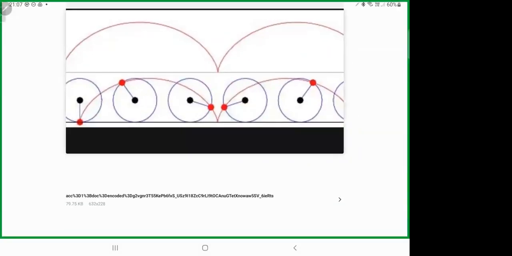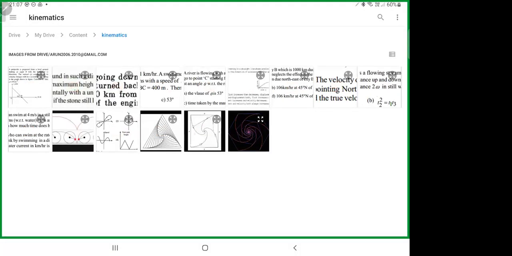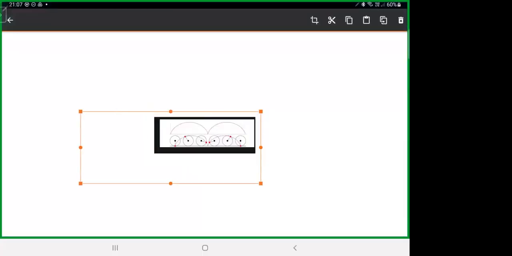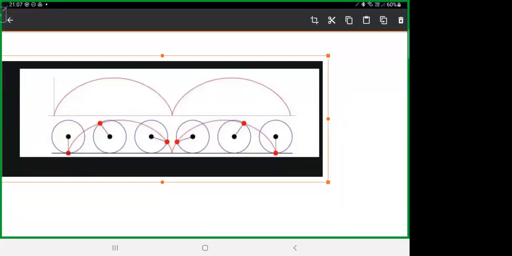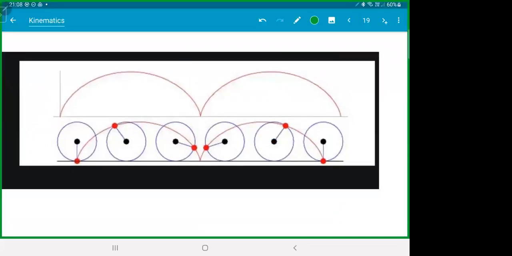So when the wheel is going now, this is how the path looks. If you take this point as A, this is how the path of A looks. This shape is called a cycloid. It is not a circle. It's called a cycloid.